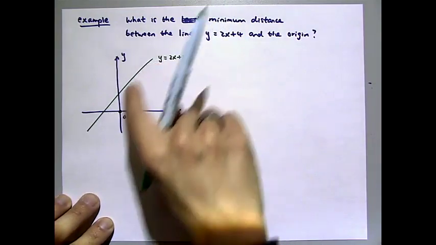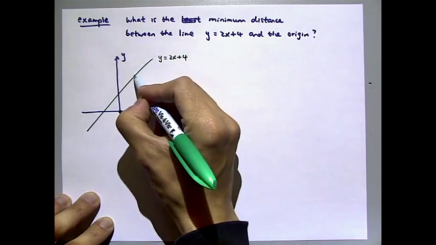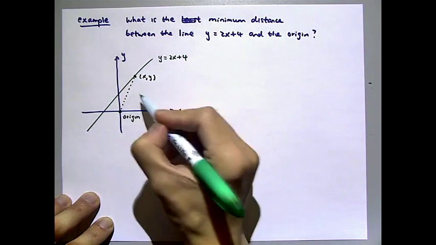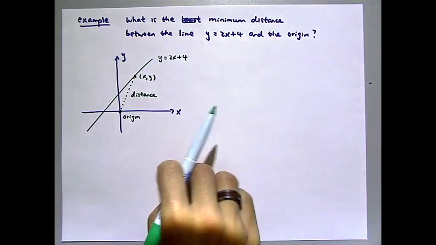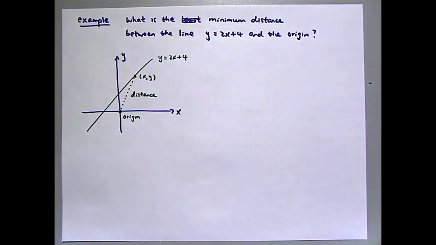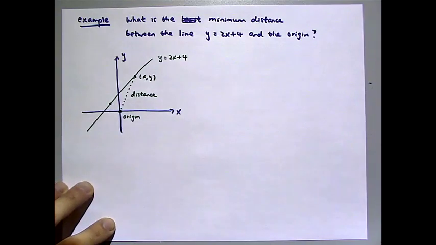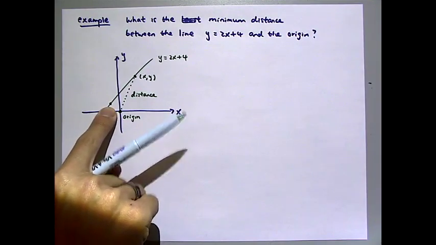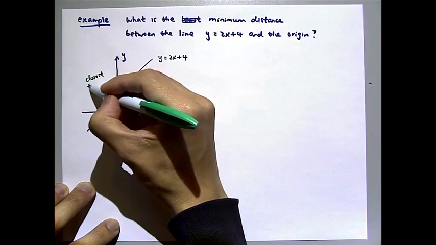So every point on this line has a distance to the origin. Let's say this point is x comma y. This right here is the distance from some arbitrary point on that line to the origin. And you can see, looking at all the possible points, the point that would be the closest to the origin would be right here. Closest to origin.